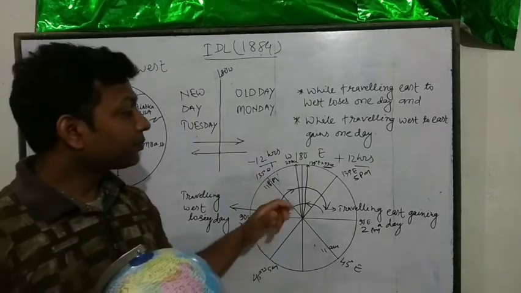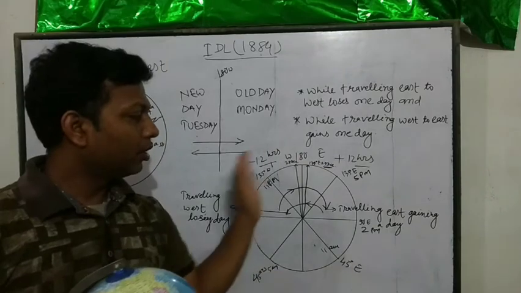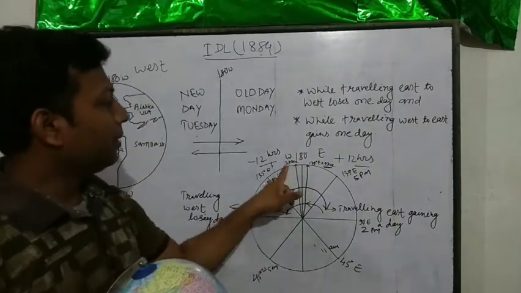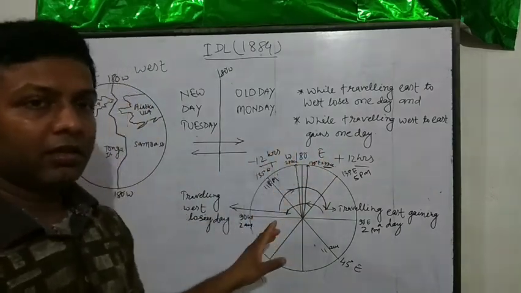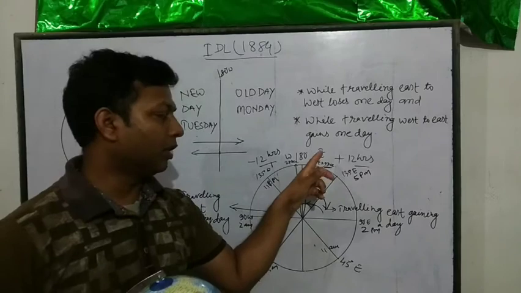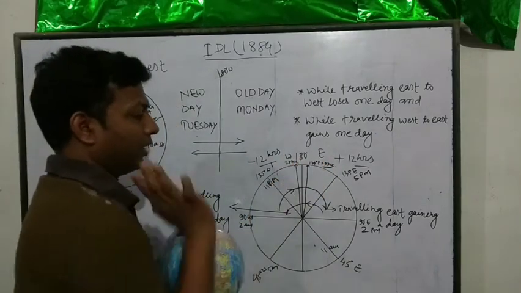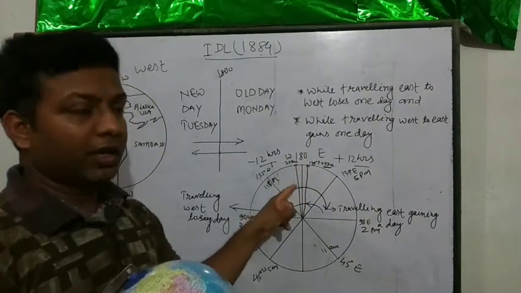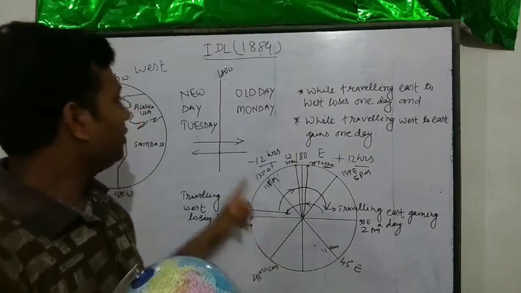So let's explain more. Suppose this is our earth and this is the meridian. Here I am writing east and west, but keep in mind that this is 180-degree. For your understanding, it is straight here, but it is like that.